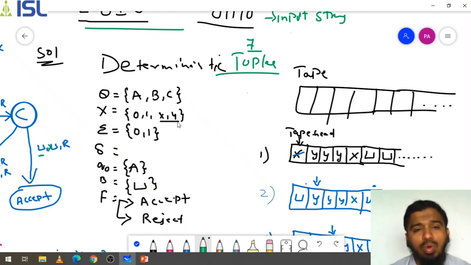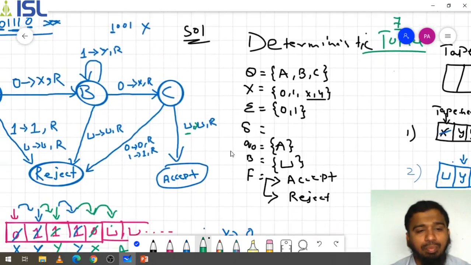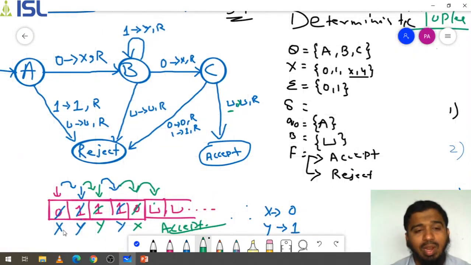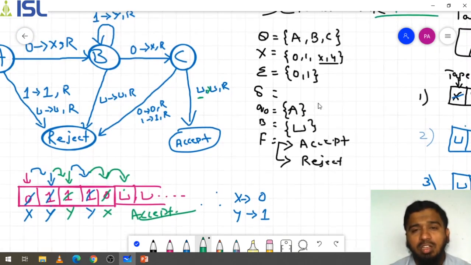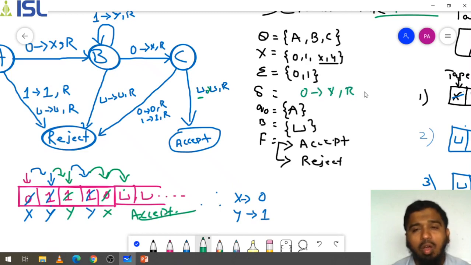I am using 0, 1 as well as x and y. Sigma is 0 comma 1, only the inputs I am taking, 0 and 1. Delta is whatever operation we are performing, like 0 x move r or left. Q0 is the initial state, B is a blank, F is the accept or reject state.